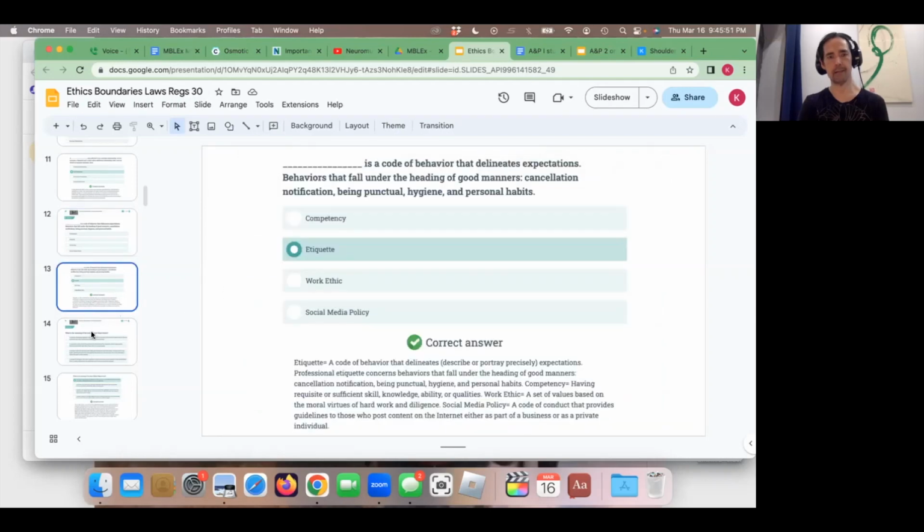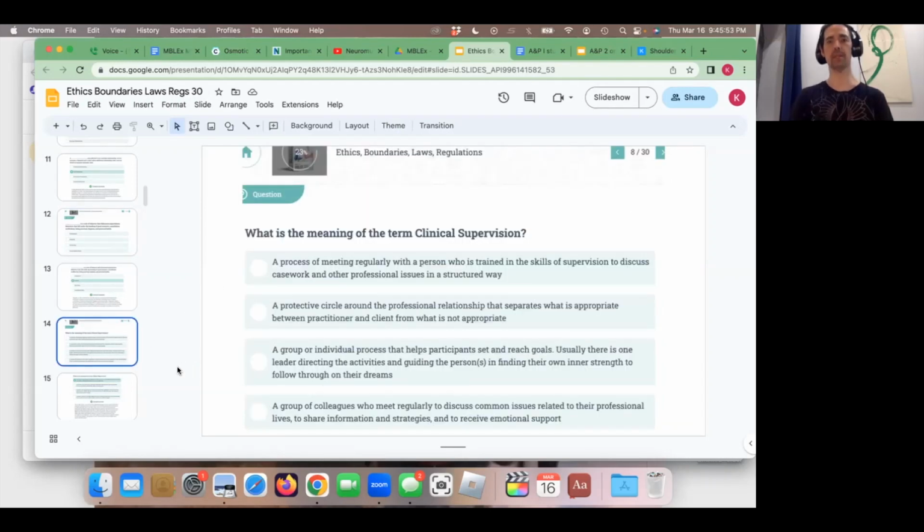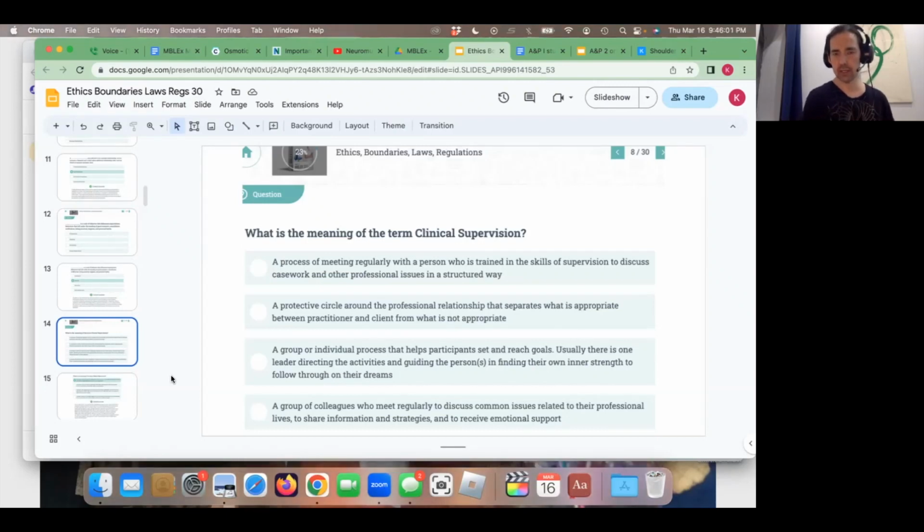What is the meaning of the term clinical supervision? Is that a process of meeting regularly with a person who is trained in the skills of supervision to discuss casework and other professional issues in a structured way? Is it a protective circle around the professional relationship that separates what is appropriate between practitioner and client from what is not appropriate?